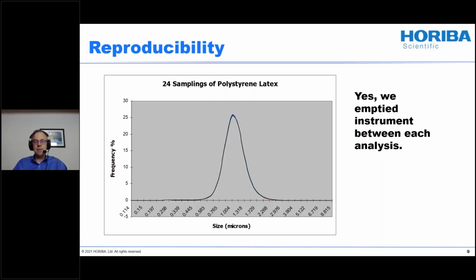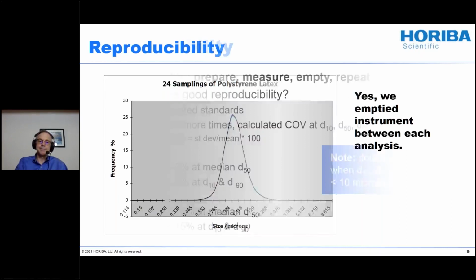We know how to work with them, and they come well dispersed in advance. So we have two things working for us: it's a fairly benign sample, and we have a lot of experience with it. So there is some hope that for a lot of materials you can get tight reproducibility, but not as tight as what I show here. This is kind of a champion, what you can get to with standards, for example.